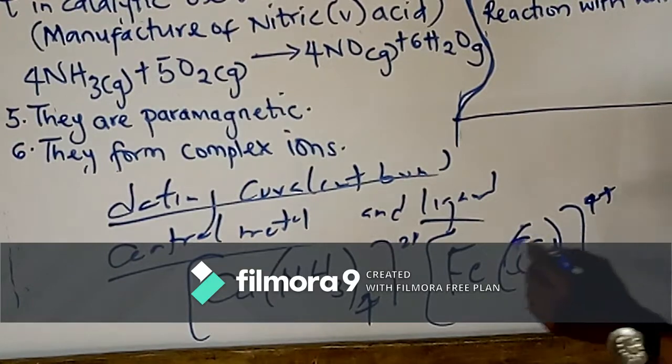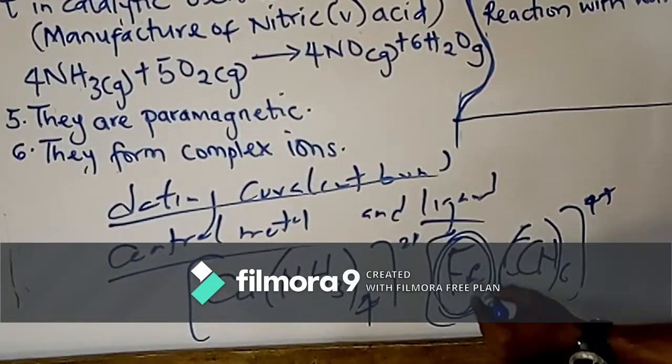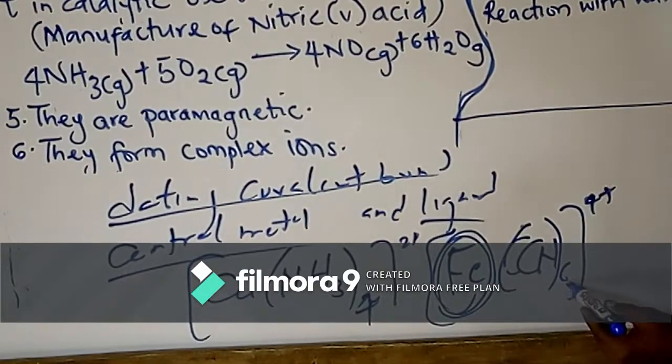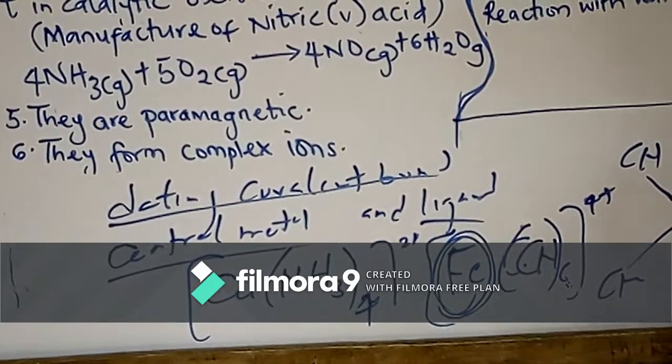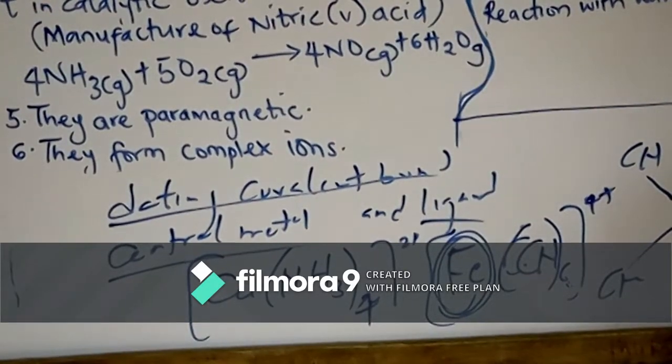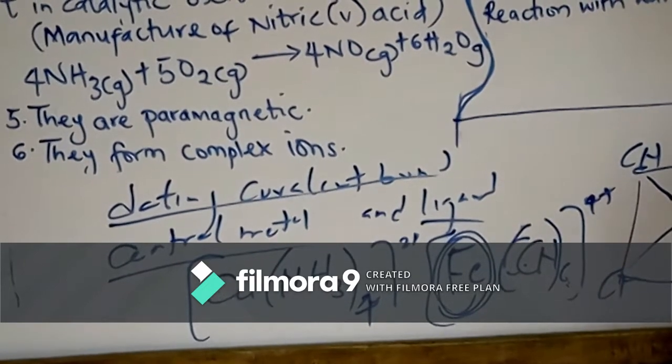Now you see that there is a central metal surrounded by these ligands. So if you have something like Fe, you have CN, 6 of them, CN, and they are linked this way to the center.